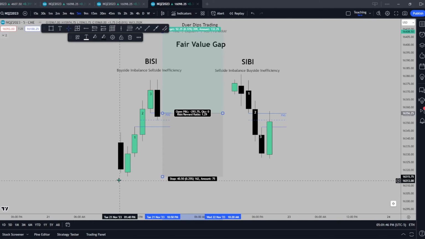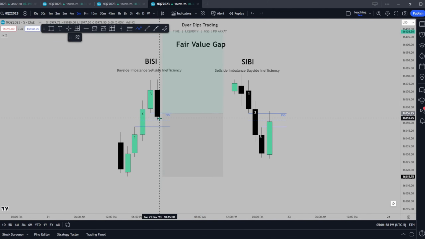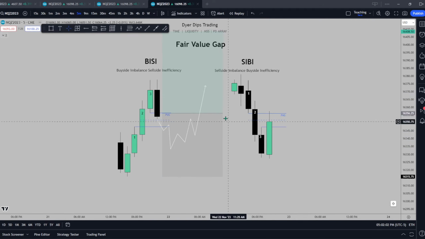This is your safest stop loss placement, but ultimately it's going to offer you the most risk. This is something that you have to keep in mind. It's the most risk in terms of handles or points, but it's always going to be the least risky when it comes to staying in the trade, because the trade can do something like this and keep you in it, whereas other fair value gap stop loss placements will ultimately take you out of the trade.